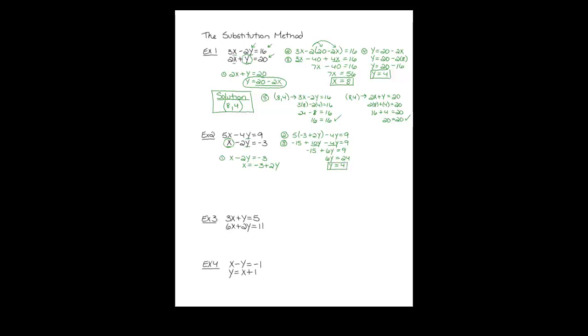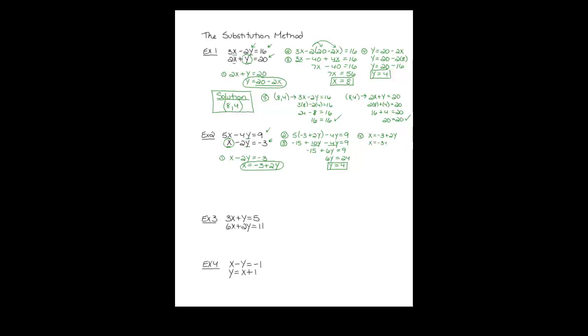Now we need to plug this result into either one of the given equations or your result from step 1 to find the x-coordinate of your solution. So this is step 4. I'm going to use the equation obtained in step 1, x equals negative 3 plus 2y.